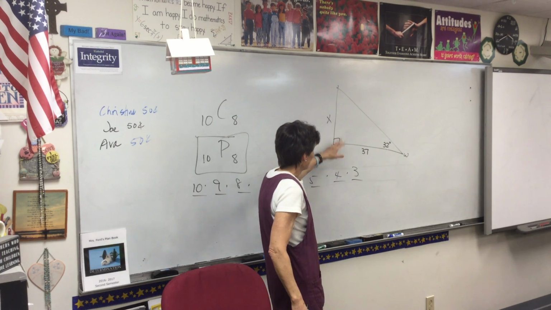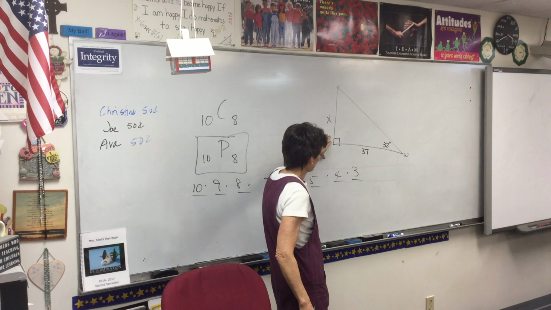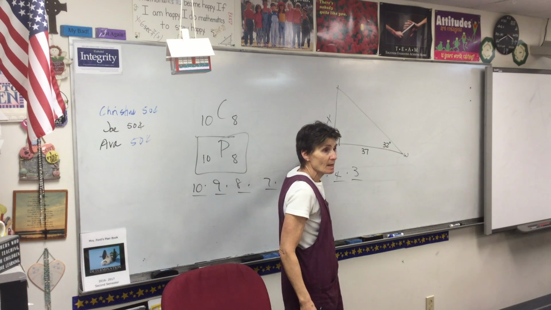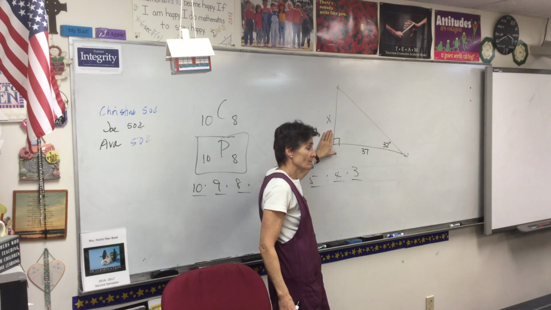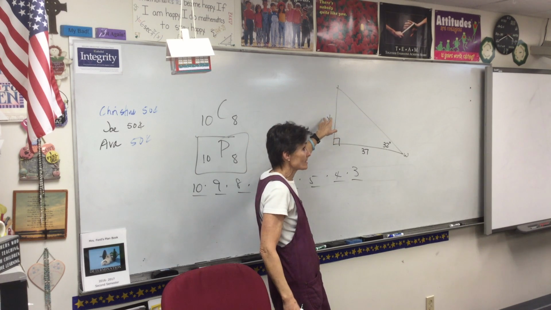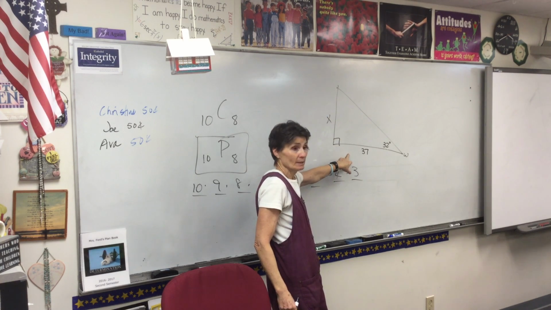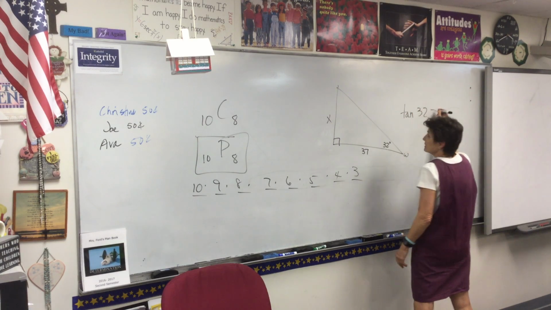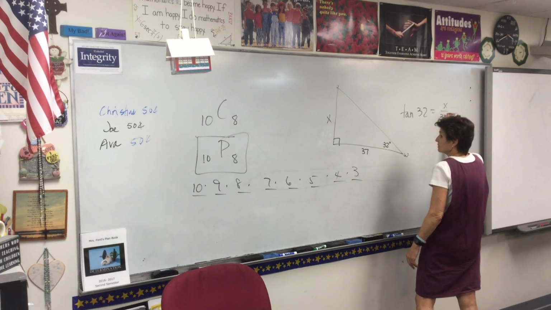Here's the tree, that's a right angle. We're assuming the tree's standing straight up. Write me an equation. Sine, cosine, or tangent. That's going to be a tangent. We know it's going to be tangent because this is opposite over adjacent. So the tangent of 32 equals opposite over adjacent.